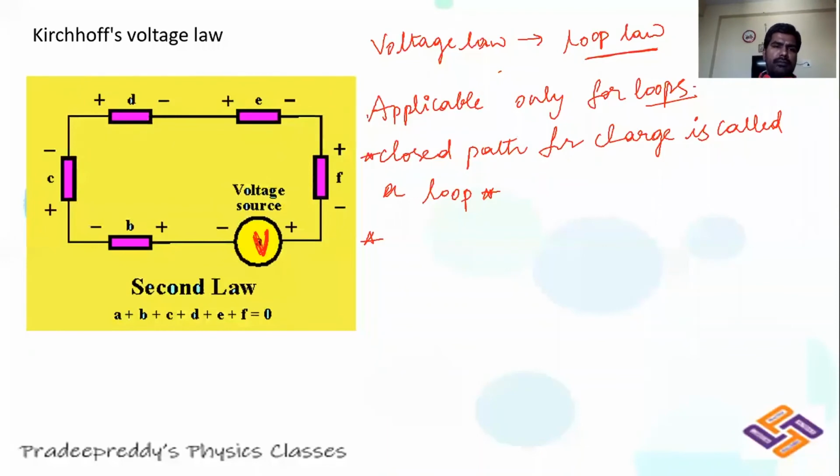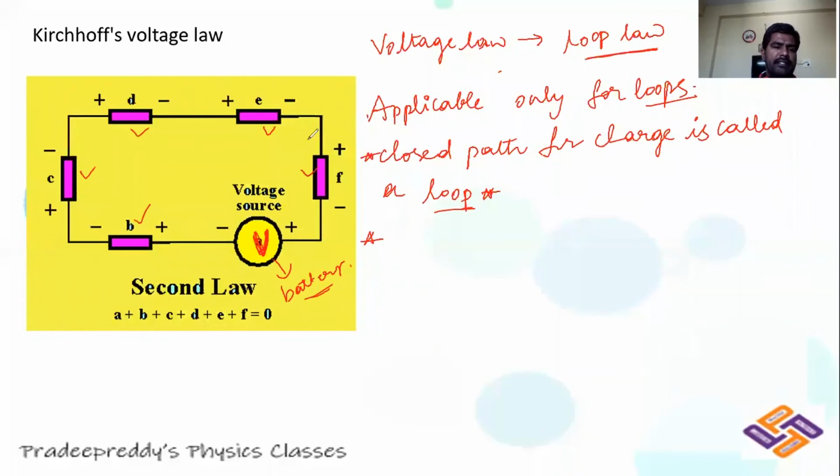Coming to Kirchhoff's voltage law, it is applicable for loops, as I told you. A closed path in a circuit is called a loop. Now let me consider a circuit in which you have one source. This is a battery. A battery is nothing but a potential source, right? Here there is some potential source and its potential is equal to V. Now these B, C, D, E, F are all different consumers.